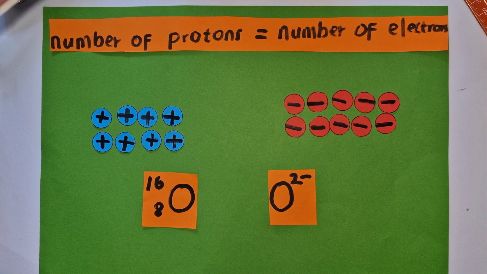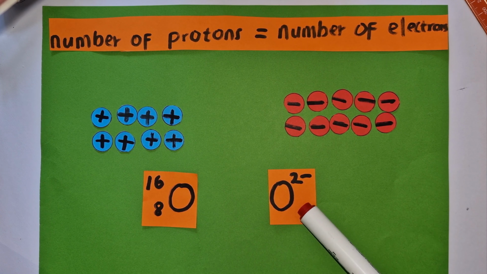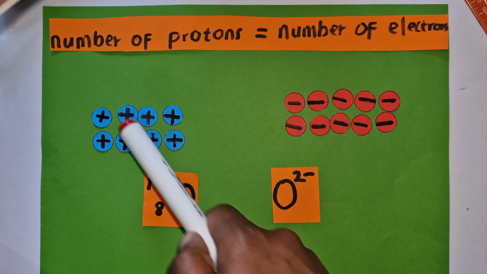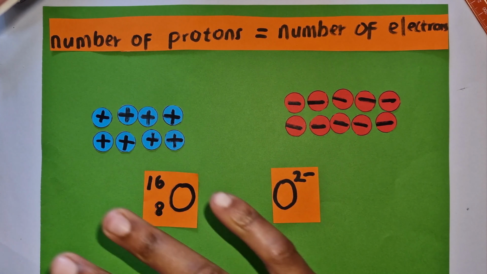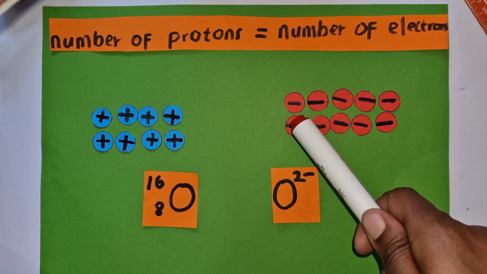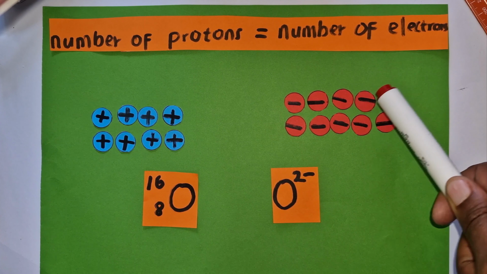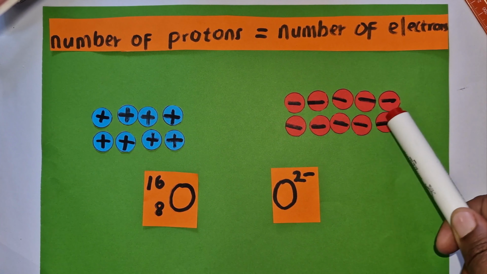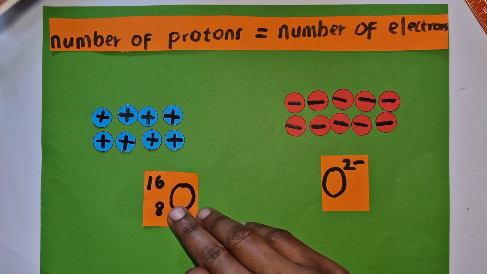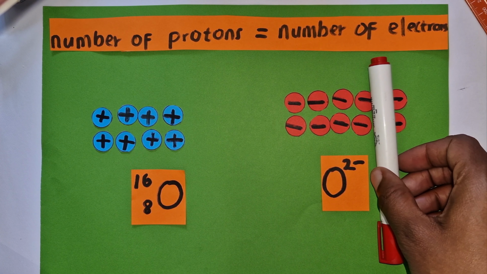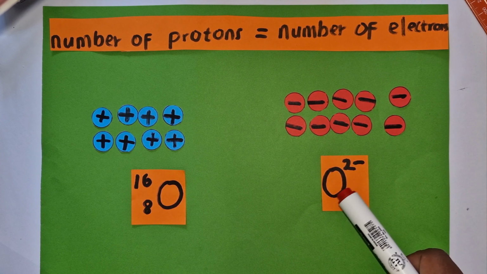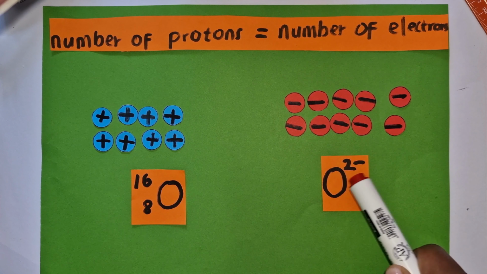And if we count, we see that for oxygen 2- we have 1, 2, 3, 4, 5, 6, 7, 8 protons. That's fine. But now we have 1, 2, 3, 4, 5, 6, 7, 8, 9, 10 electrons. So it means on this side we have an excess of 2 electrons. Hence we will write it as oxygen 2-.